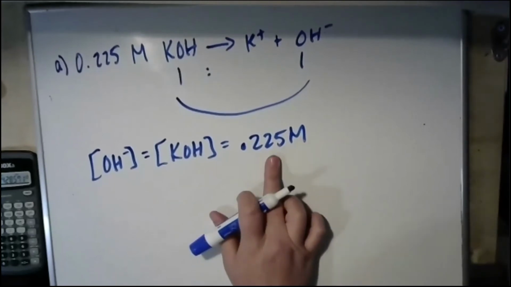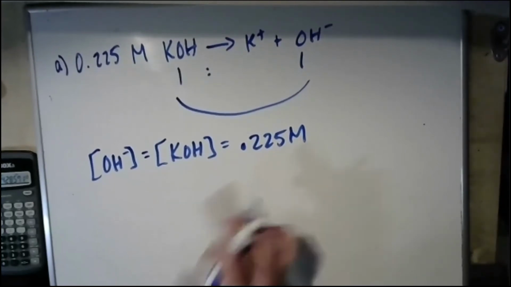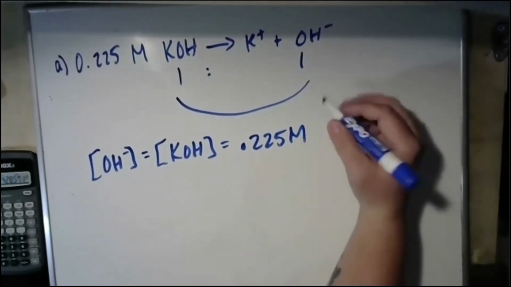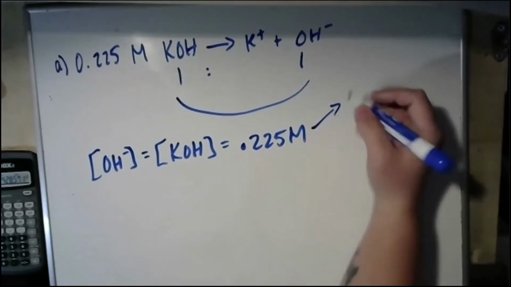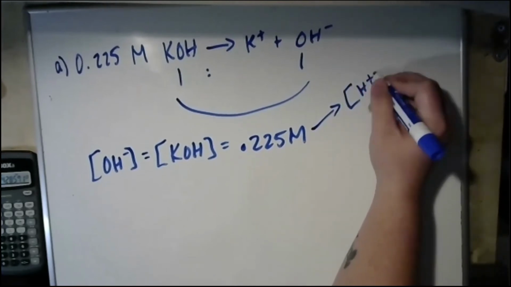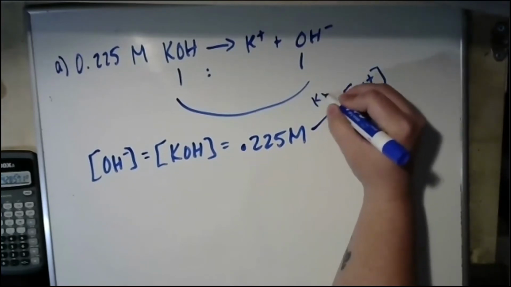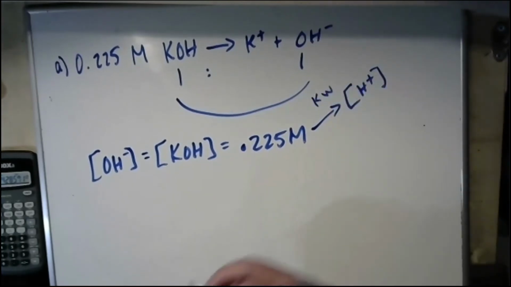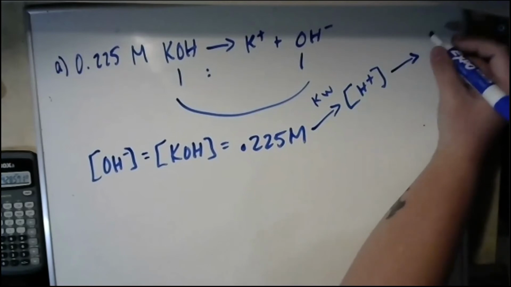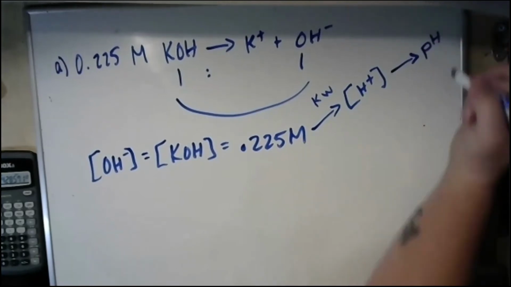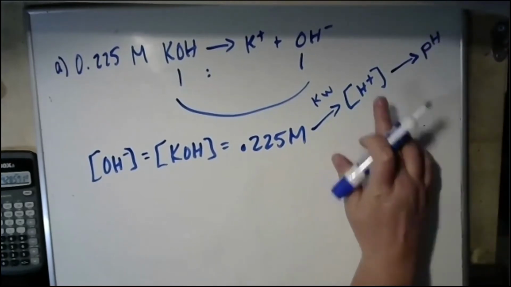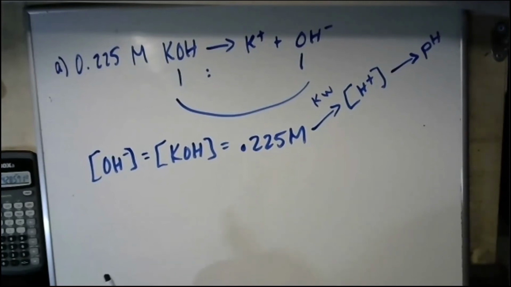From there, you have 2 routes that you can take to solve for the pH. You can convert this to H plus using your Kw, and then find the pH from the H plus. I'm going to do it the other way.